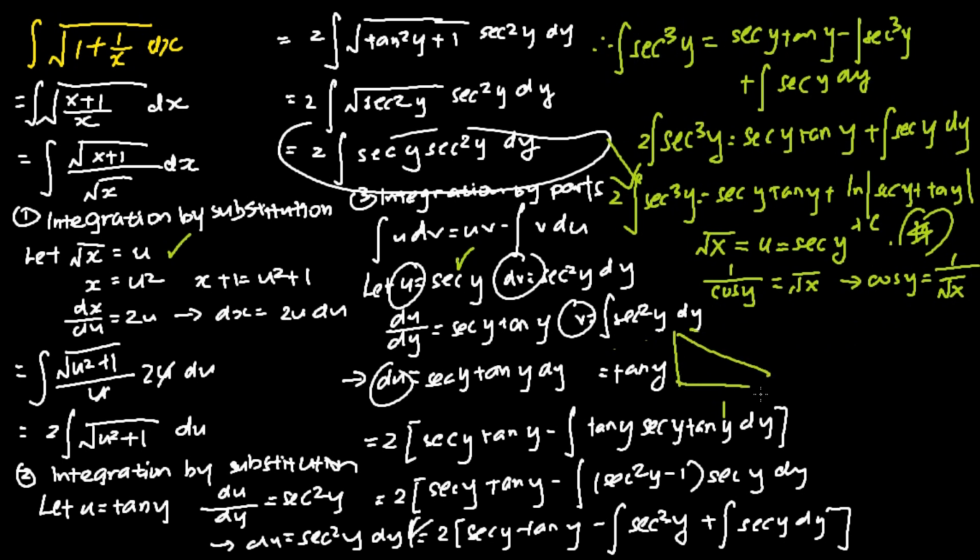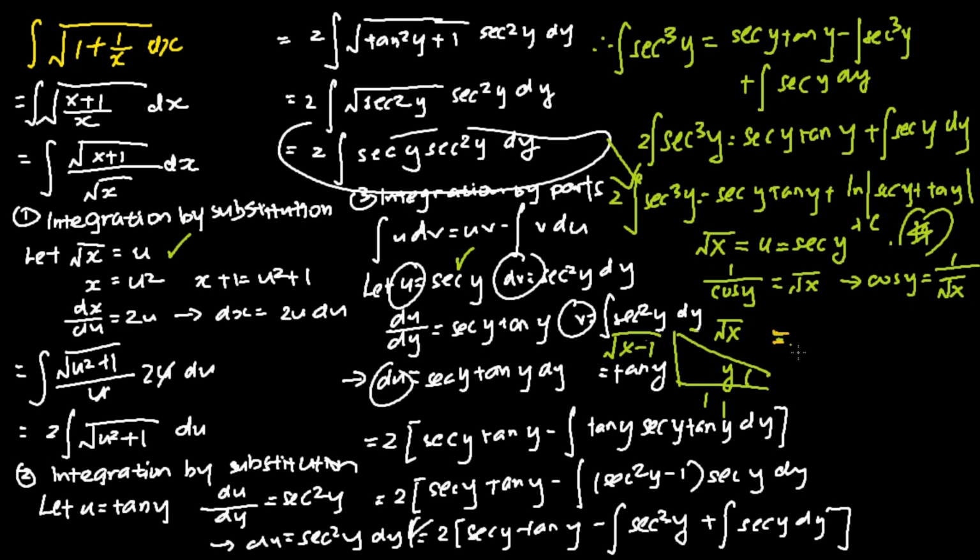I draw this particular triangle just to make things a little bit clearer. I have an angle y in which my adjacent is of length 1, my hypotenuse is of length square root of x. Hence basically my opposite is just square root of x minus 1. So basically I can use this triangle to convert expressing y to expressing in terms of x.